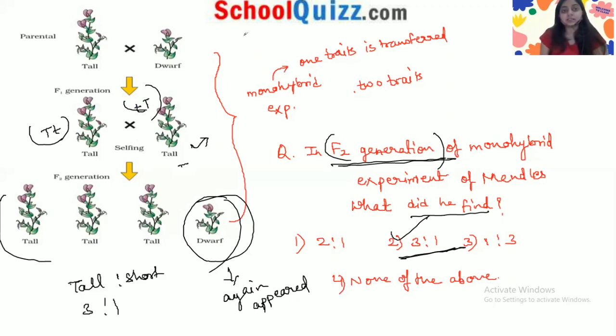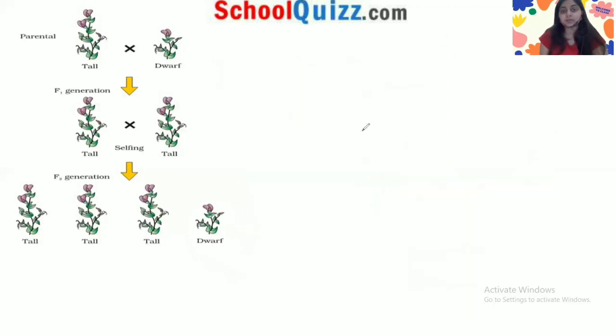Let's discuss the dihybrid experiment of Mendel's. Here two traits will be transferred. So let's see the example of the seed.